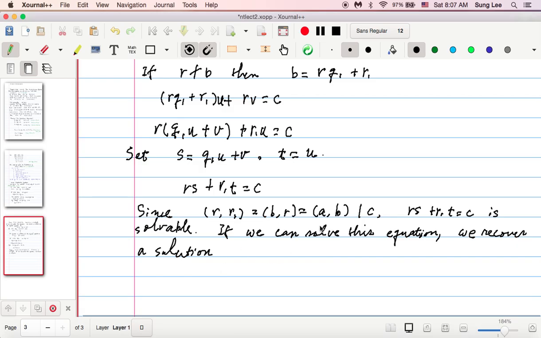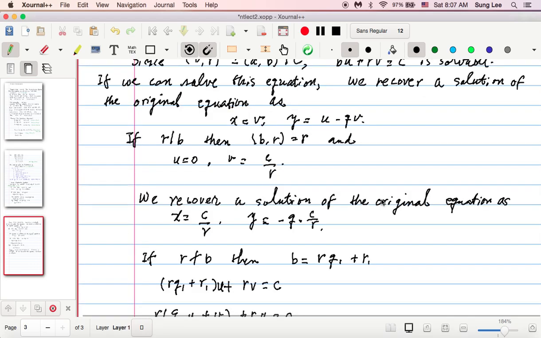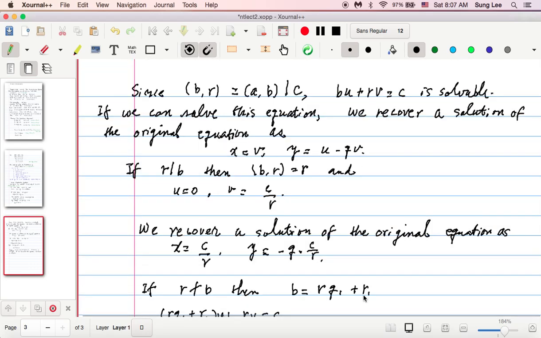What I mean by that is this equation here, bu plus rv equals c.